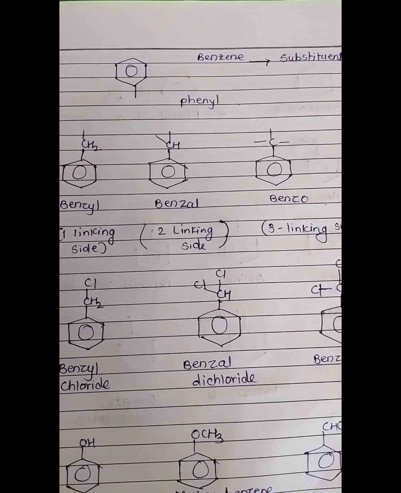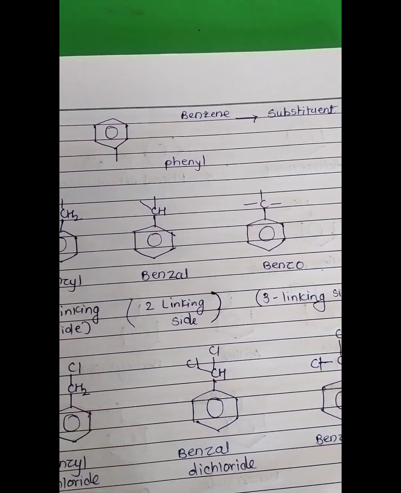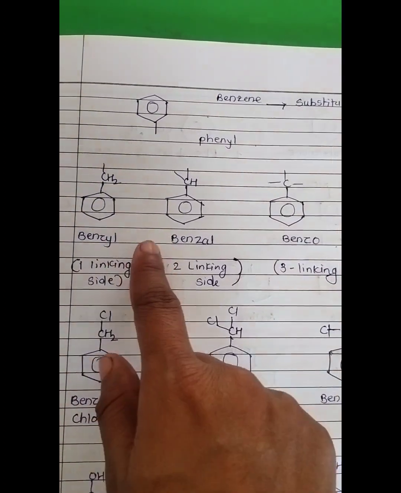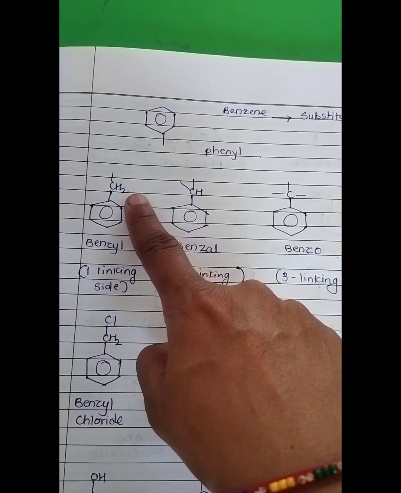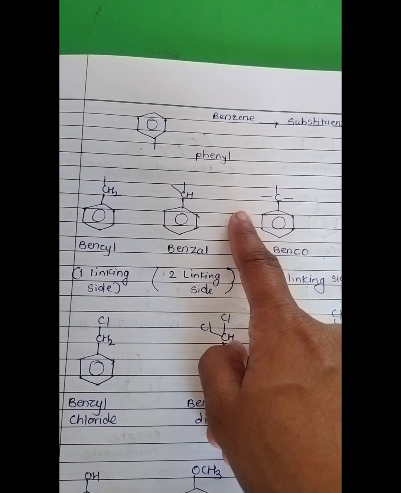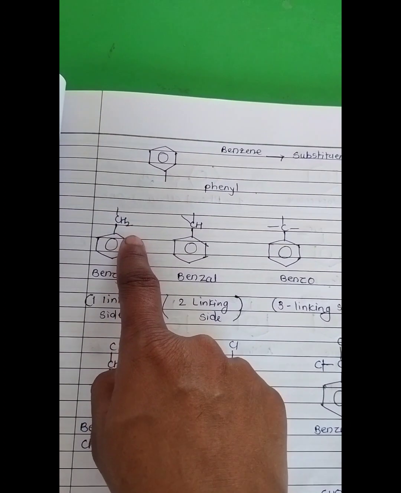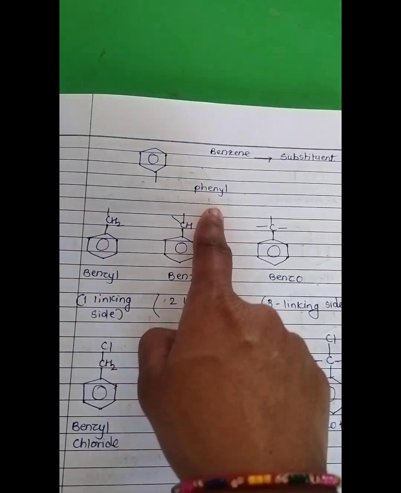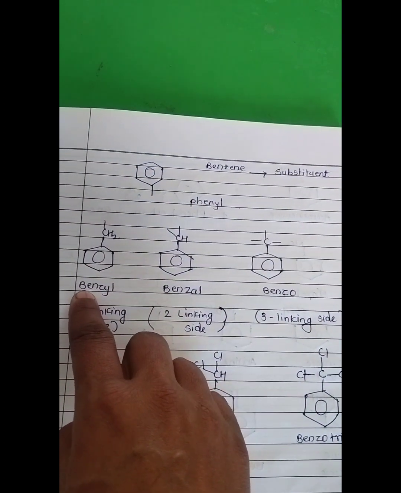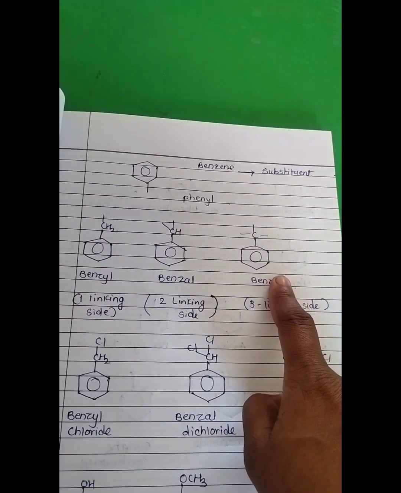If the benzene ring is attached to a bond, like this, the name of this group is phenyl. Here the benzene ring is attached to CH2, here to CH, here to C, so we can call these one linking site, two linking sites, or three linking sites. Here the name is phenyl, here with two linking sites the name is benzyl, and here with three linking sites the name is benzo.